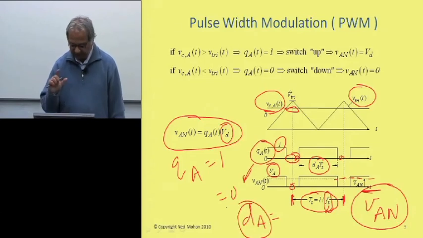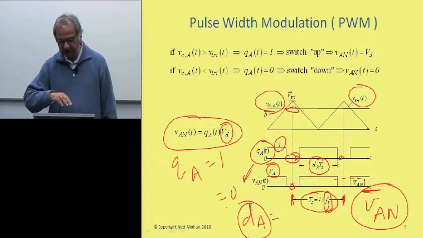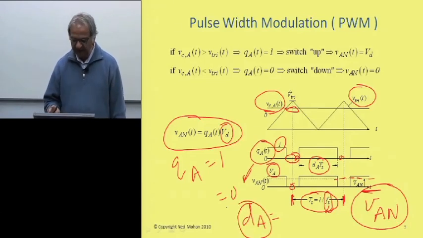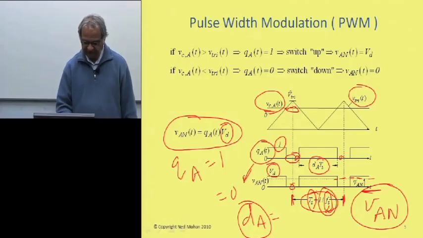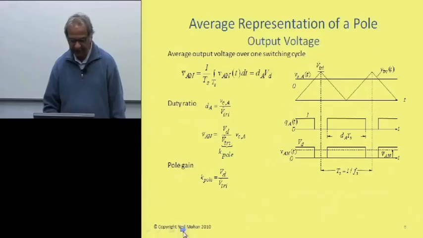So that's the meaning of this switching duty ratio. The time interval during which the switch is in the up position divided by the switching time period T sub S, which is the inverse of the switching frequency here. All right.